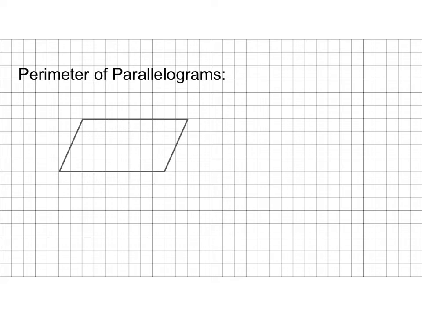I do want us just to think for a moment about what that actually means though, or how we could think about that algebraically. So if we say that on a parallelogram, opposite sides are congruent, that means that both of these would be length A, and both of these would be length B, because the opposite sides have to be the same.